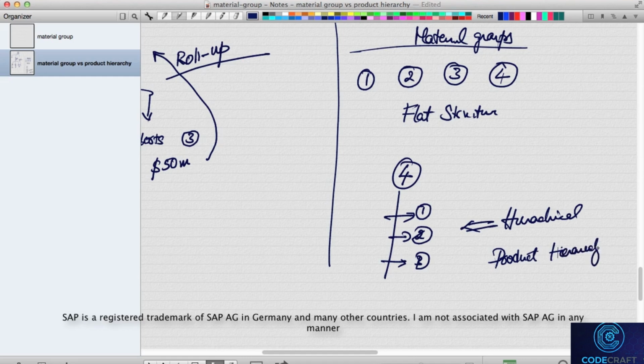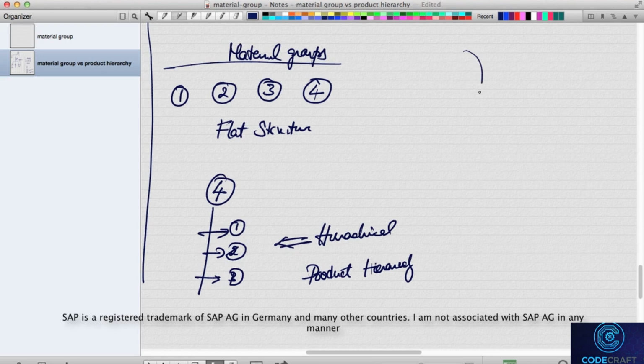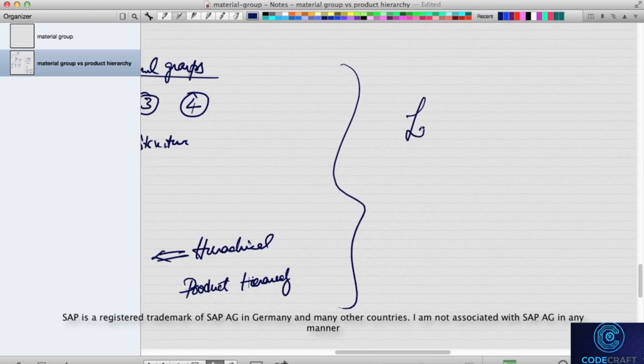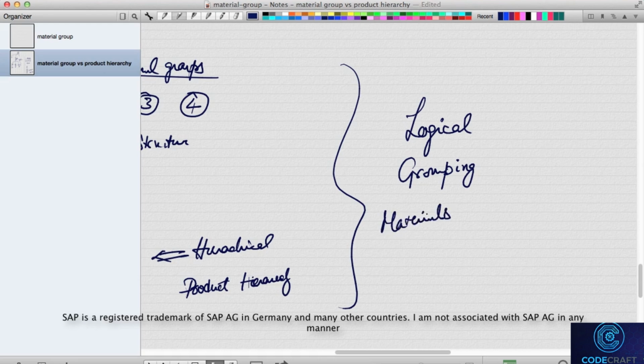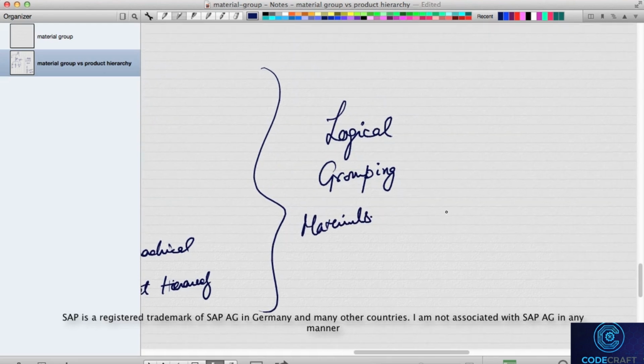Now, before we go into the differences, both product hierarchies and material groups are logical ways of grouping material masters or materials. So what's the difference?